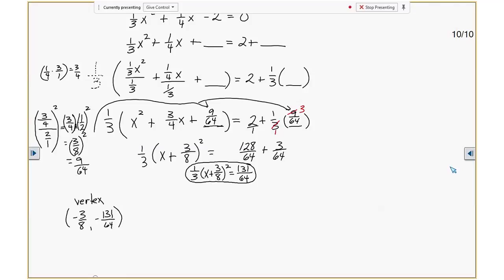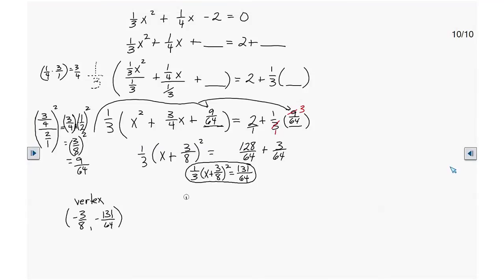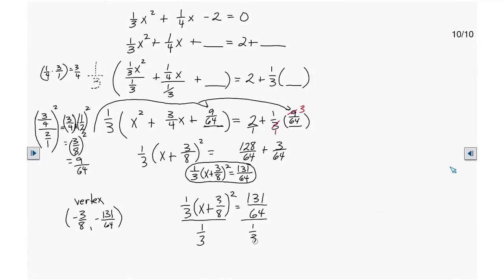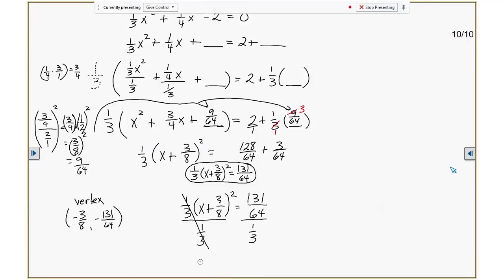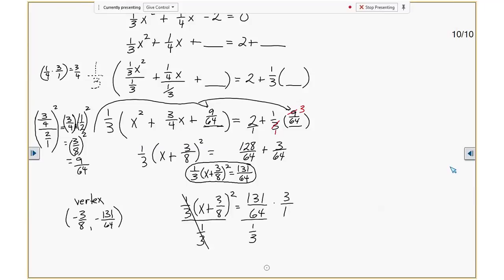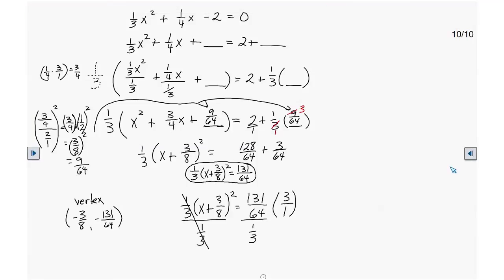Now let's finish solving. Divide by 1/3. Divide by 1/3. When you divide by a fraction, you multiply by the reciprocal, or you just forget about it and go through half the problem and just do it.